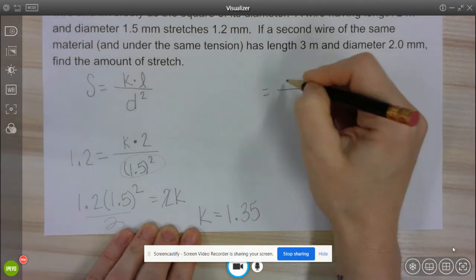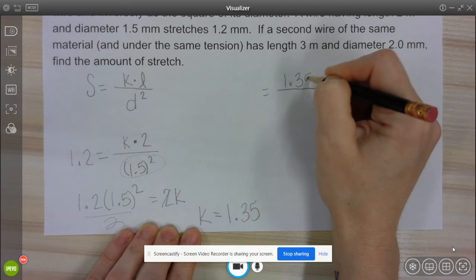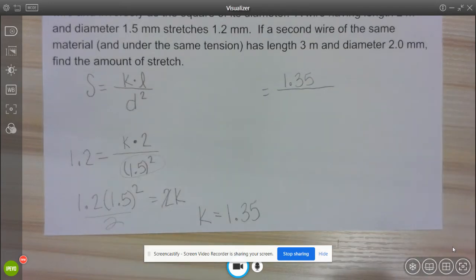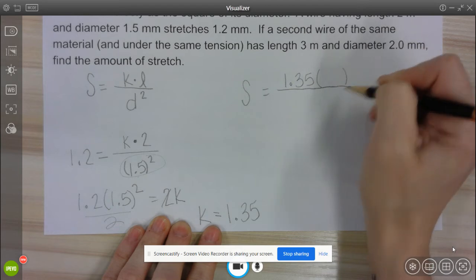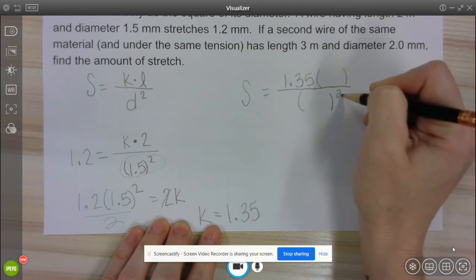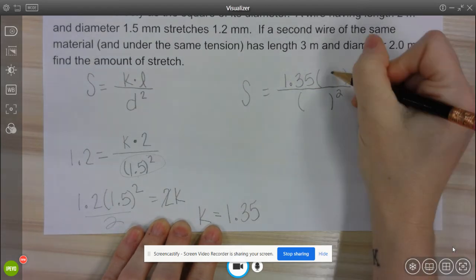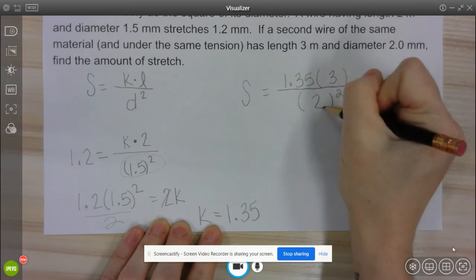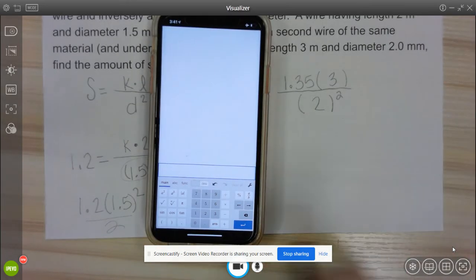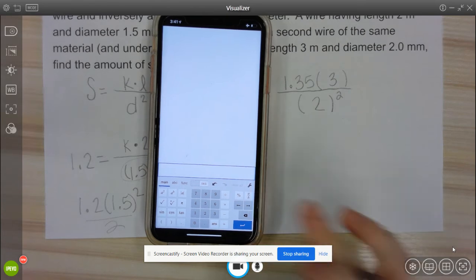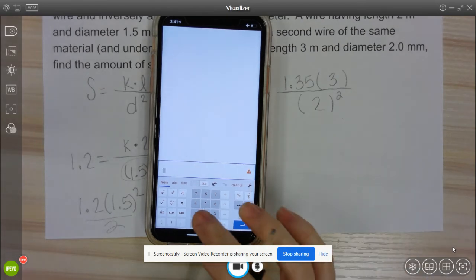So now I'm going to find the stretch when I know the length and the diameter. So the length is 3 meters, the diameter is 2 millimeters. I can read, I swear. All right, so if you're using the Desmos app, I'm going to go ahead and hit the fraction button first.